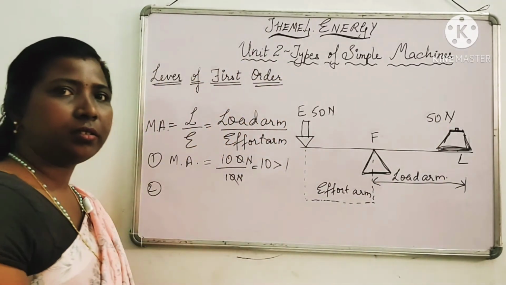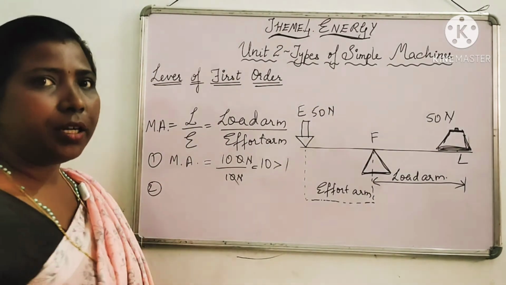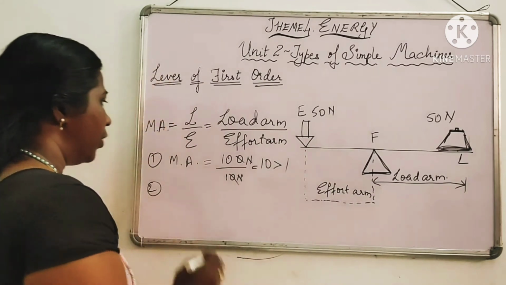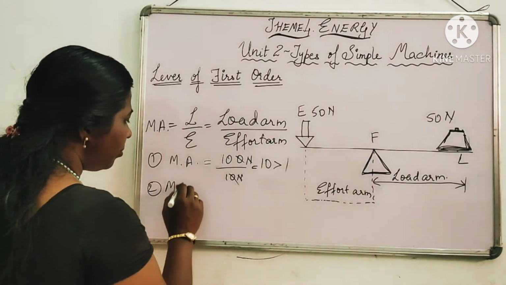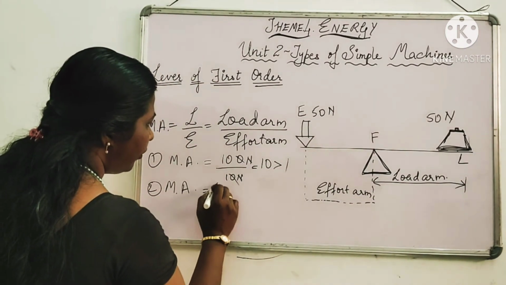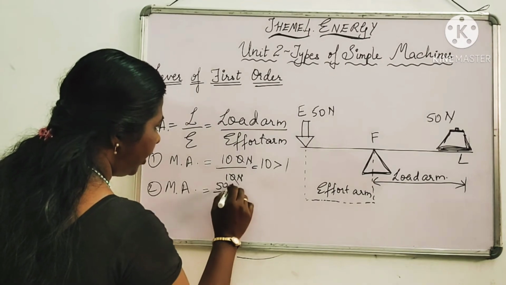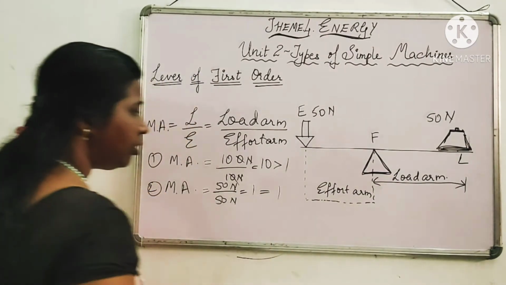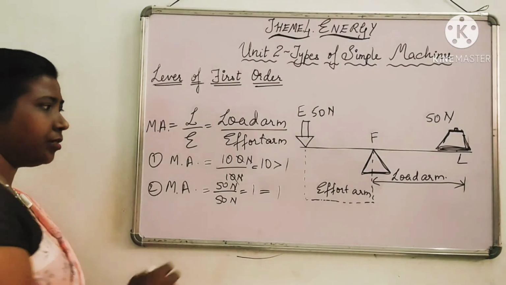Then what happens? Effort and load are both equal. Now the mechanical advantage will be 50 upon 50, that is equal to 1. Is that clear students?